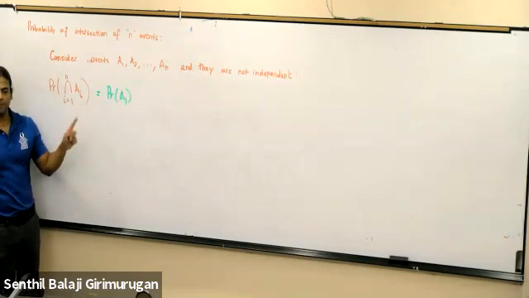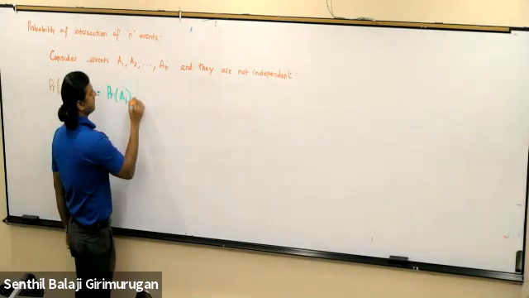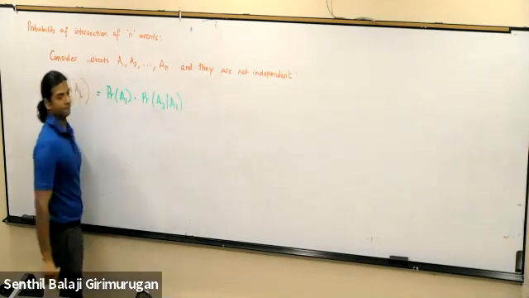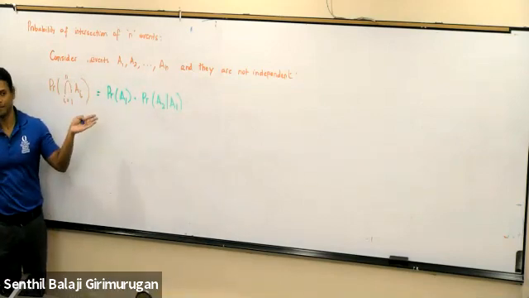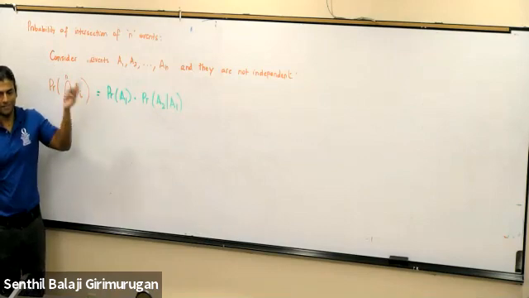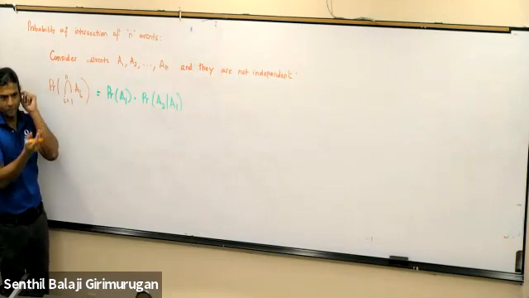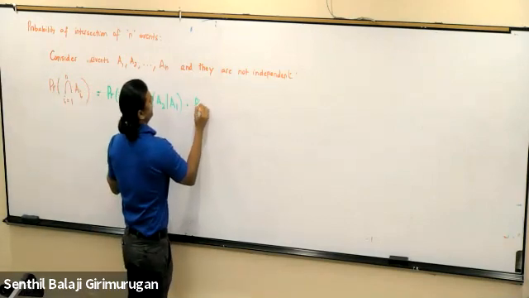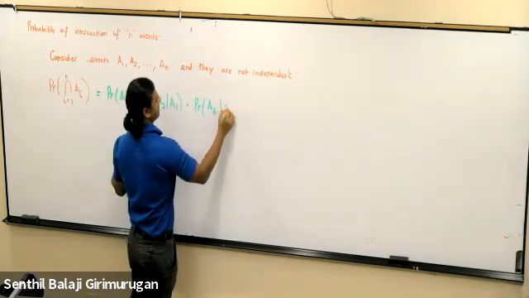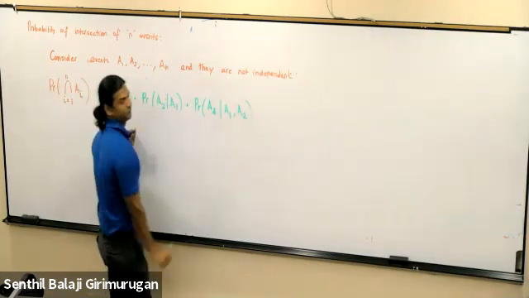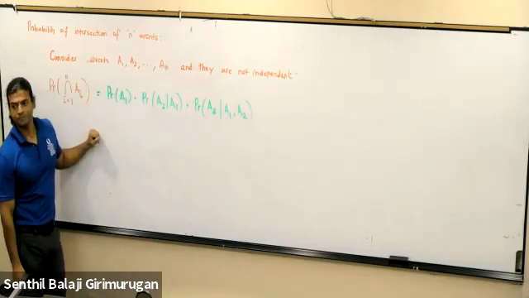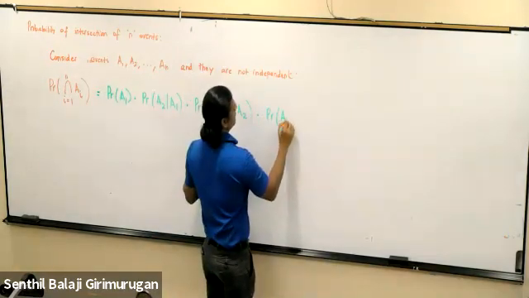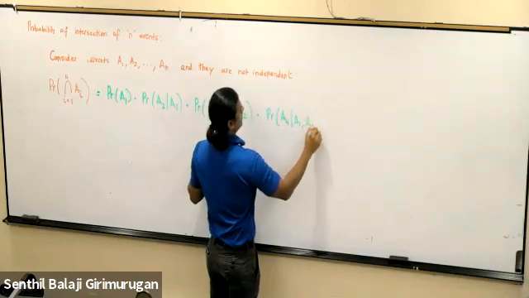So it would equal the probability of A1 multiplied by the conditional probability of A2 given A1. Yes, that should make sense because that's just the rule that we had for conditional probability. Now, multiplied by the probability of A3 given A1 comma A2. Yes. Multiplied by the probability of A4 given A1, A2, A3.